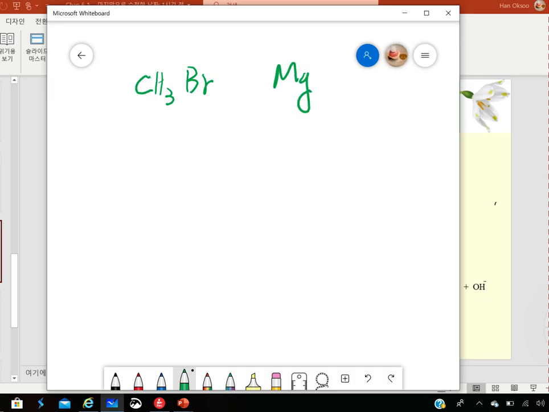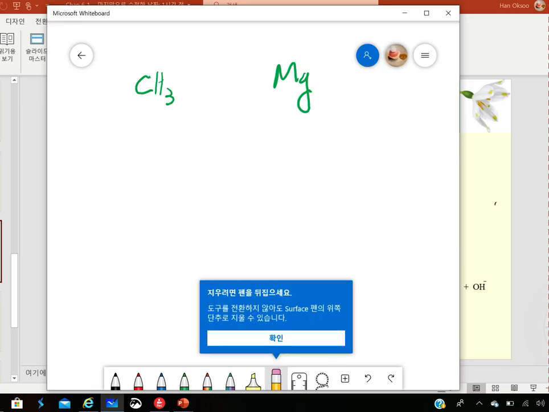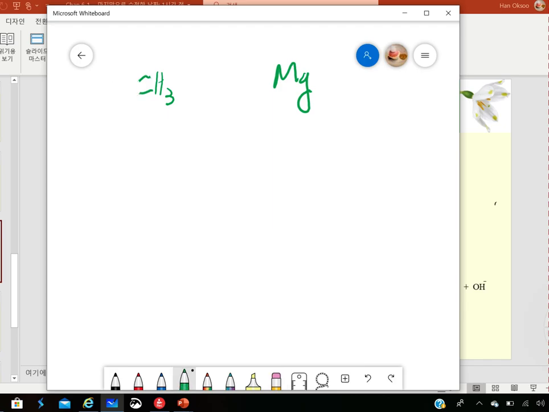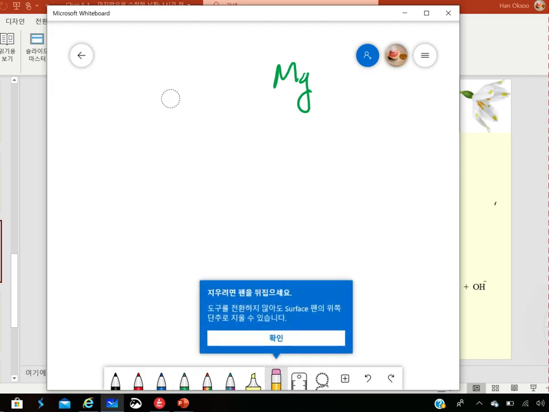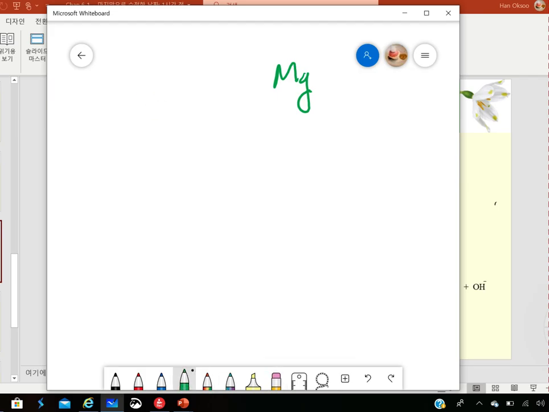Now in this case we have CH3Br, and we know this carbon will be delta plus, okay, and this bromine will be delta minus.